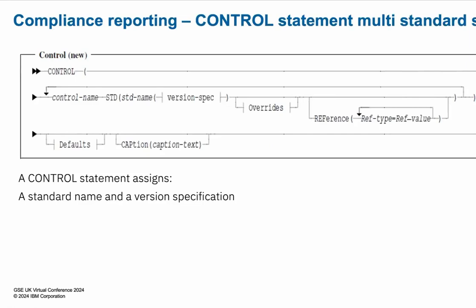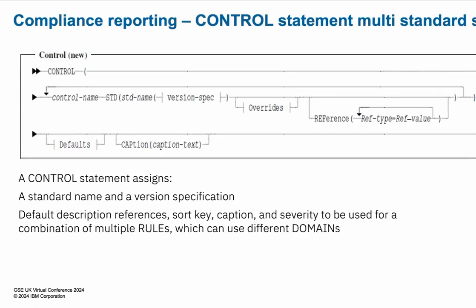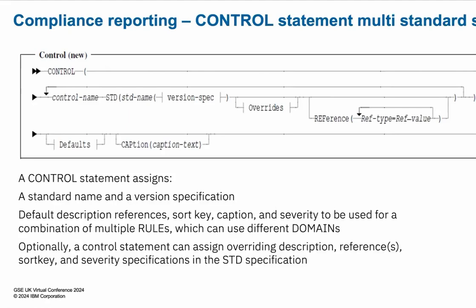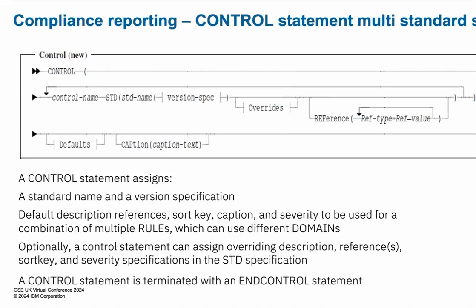With the control statement, you assign the standard name and a version specification. So it can be used for a combination for multiple rules, which can also be used in different domains, and so on. So maybe this is going into too many details.